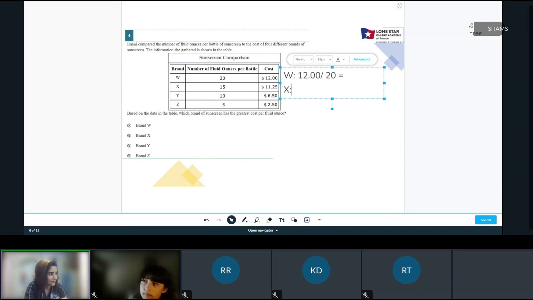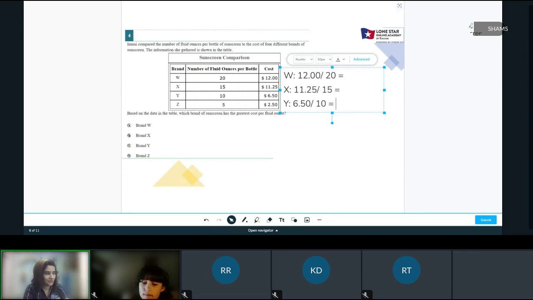Then brand X, the cost is $11.25 divided by number of ounces. Ounces is 15. Tell me the cost per ounce. Everybody work it out. Then brand Y, cost is $6.50 and you can get 10 ounces. You will divide and figure it out.